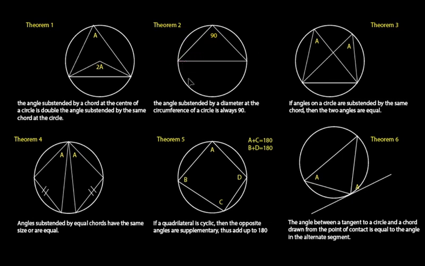Once it is a diameter and not just a chord, and it has an angle at the circumference, then it is 90 degrees. So let's take note of that.